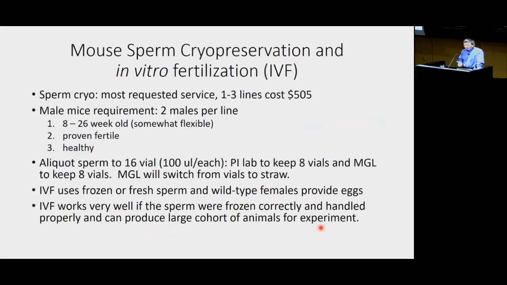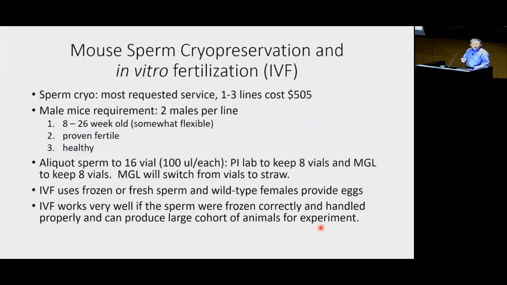And for the cost, at this point, for 1, 2, or 3 lines, we always just charge $505. If you have 4 clones, 4 lines, let's say, I will double the 505. That will be 1,010. So that's how we charge.